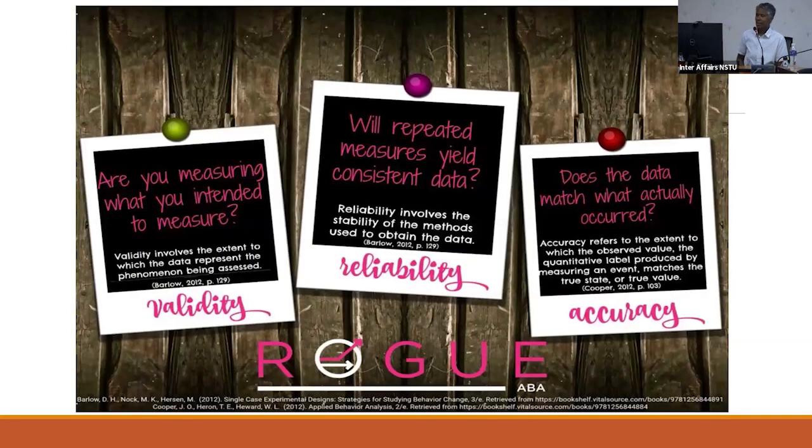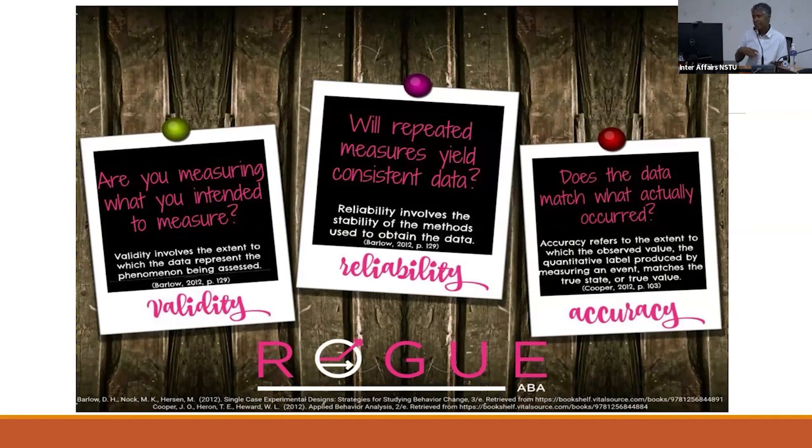All right. So just as a brief review, validity means, are you measuring what you intended to measure? Right? So the extent to which the data represent the phenomenon that's being assessed. Reliable means that the results are stable.